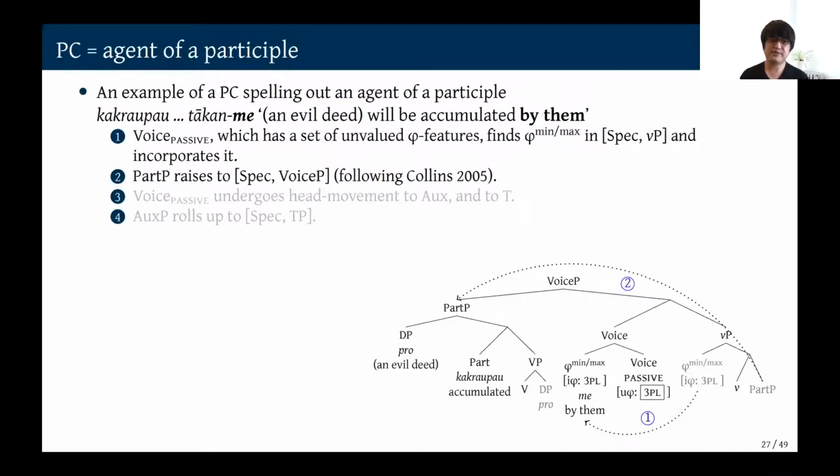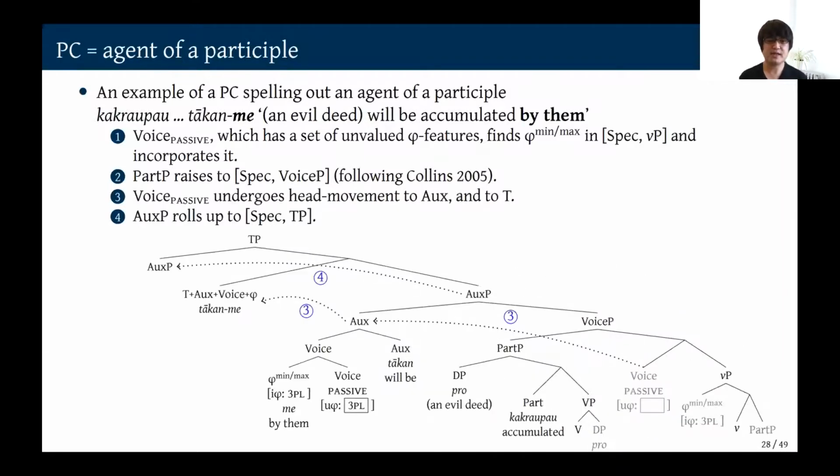And the participial phrase raises to spec VoiceP. This is in line with Collins 2005. And then Voice undergoes head movement to Aux, and then Aux undergoes head movement to T. As a result, we have a complex verbal complex, which is spelled out as takan me. And then finally, AuxP rolls up to spec TP.